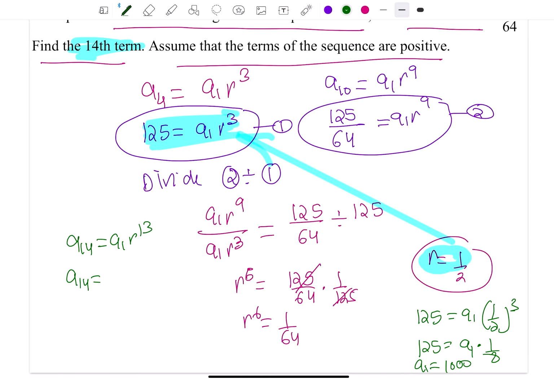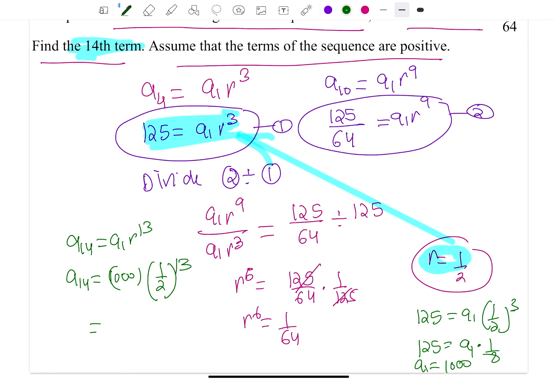So let's go ahead and find a14. That would be 1,000 times r to the power 13, which would be 1/2 to the power 13.